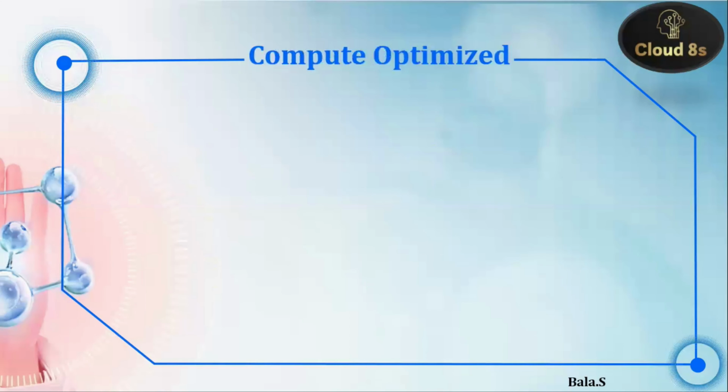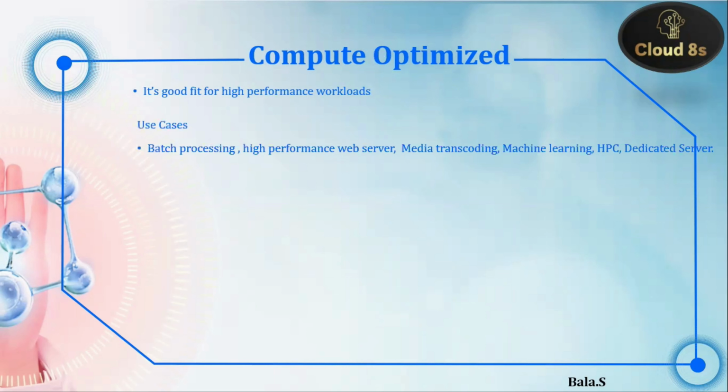Another one is compute optimized. Compute optimized is nothing but if you need any high performance workload to run on AWS EC2, it is one of the best options we can choose. For example, a high performance web server, batch processing, machine learning, or a dedicated server.